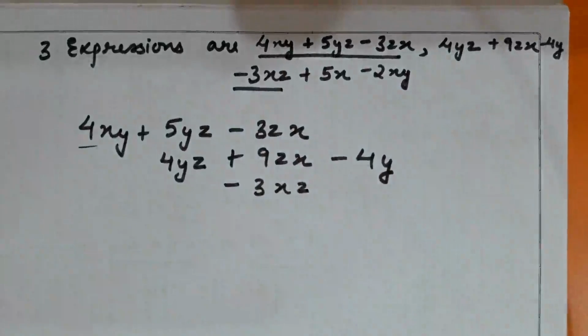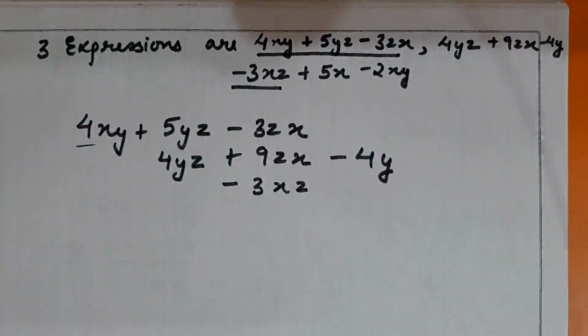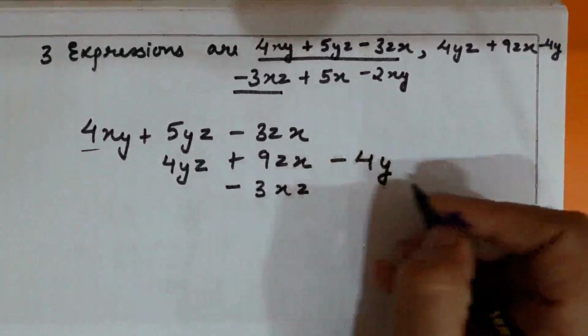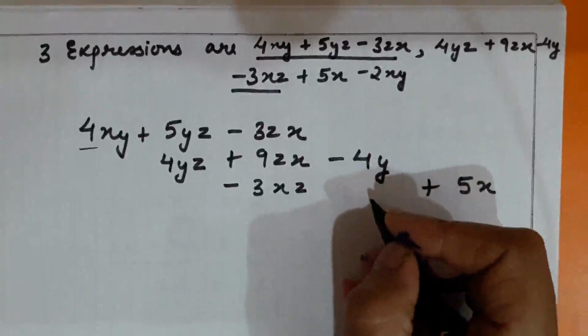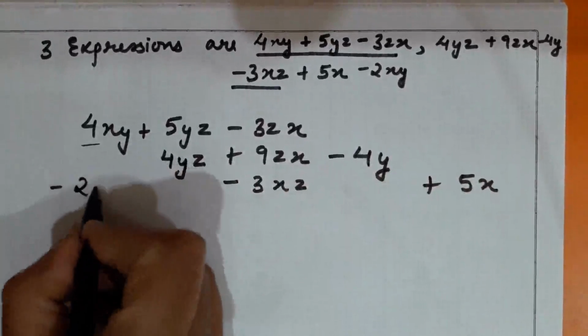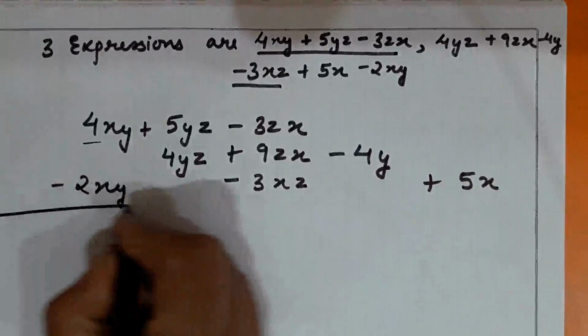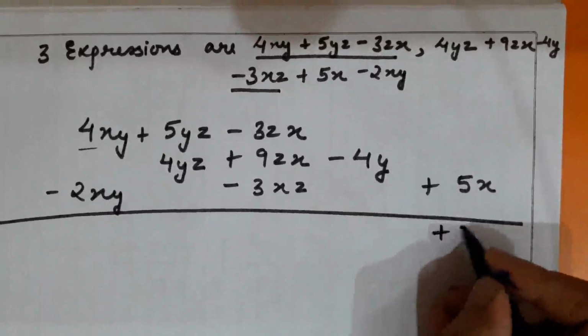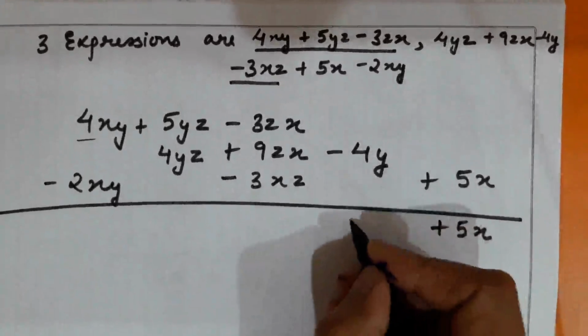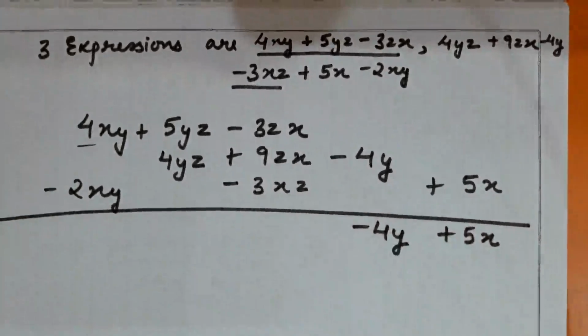Now third is minus 3xz, plus 5x. Now the 5x term is not there, and here plus 2xy. Now you have to add everything. So this plus 5x comes down, this minus 4y comes down here as it is.